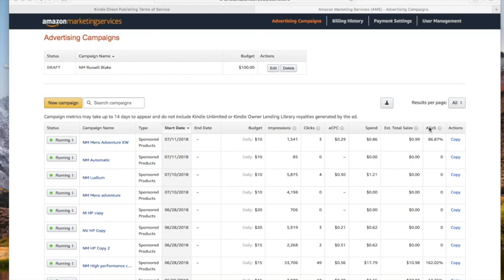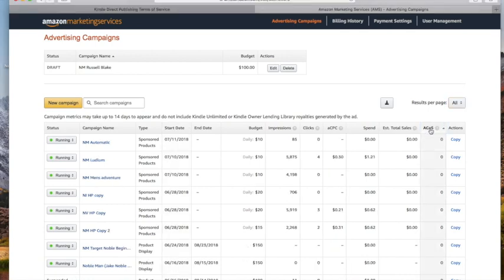One of the easiest ways to tailor your ads and get rid of the ones that don't work is to click on this button right here, the ACOS button. That's measuring what you spend versus what you make. The way to understand ACOS is really simple: lower is better, higher is bad.